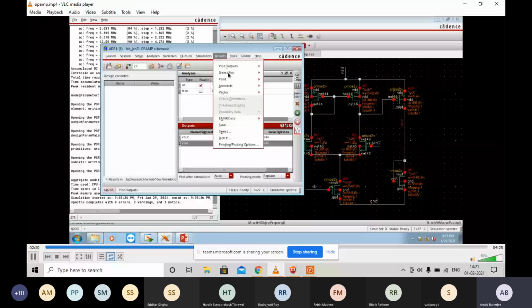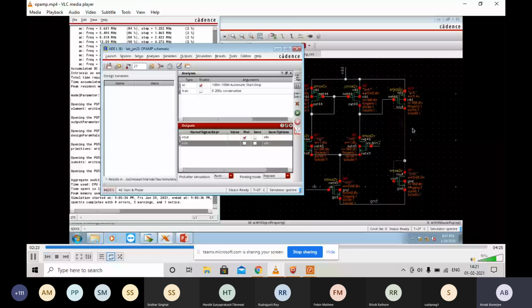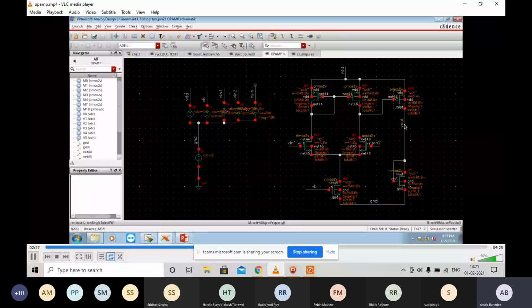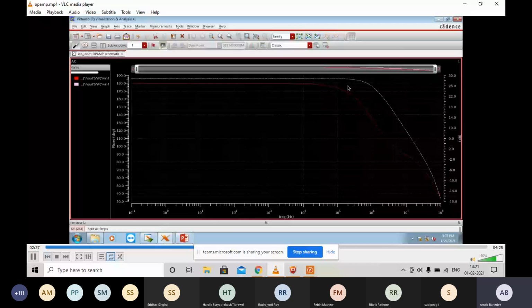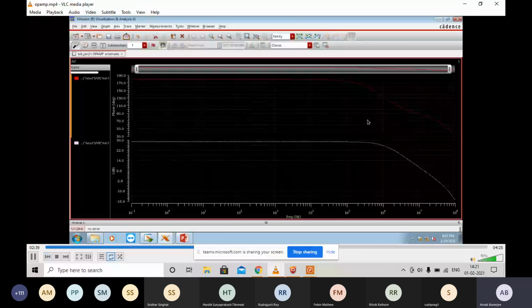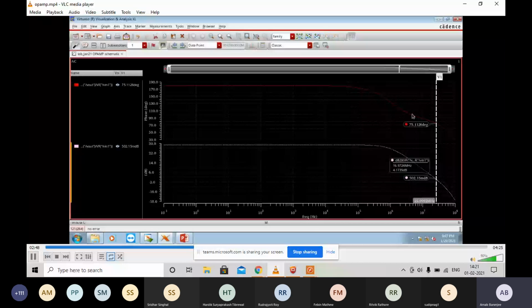Click on the output wire and the input wire. The bottom one is our gain and the top one is our phase. We can measure the phase response by seeing the phase. So we have a phase response close to 75 degrees for this design.